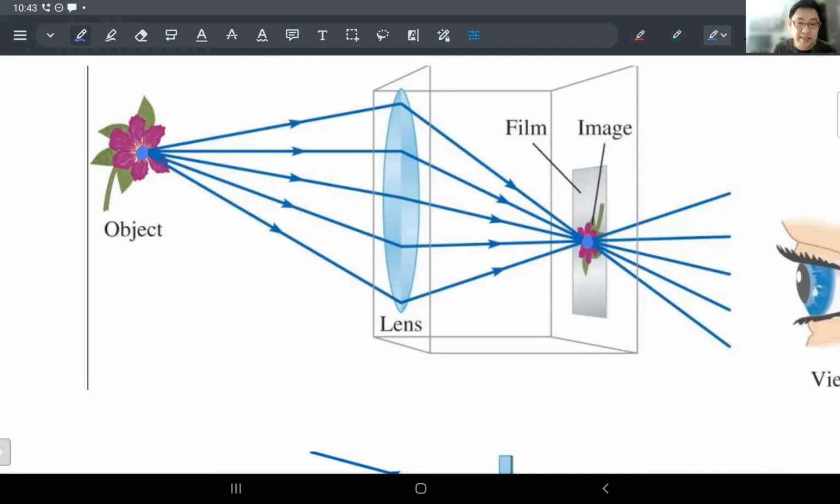That's how you can generate the image, because you can take a copy of every point on the object, and those points will pop up around here. So you can regenerate what is on the object side into the image side, and this is called image formation.